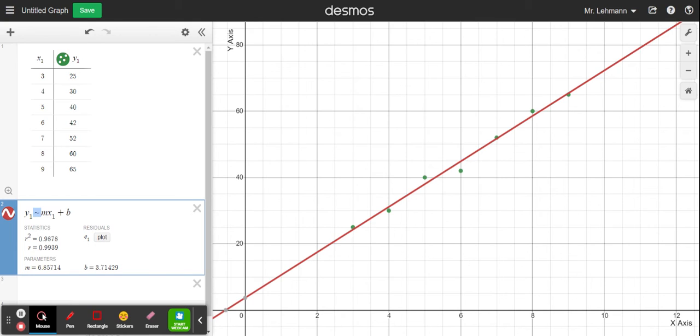So that's a perfect linear line of best fit. You cannot do better than that. It's computer generated. In grade 9, you would have taken your ruler and you would have done the same.